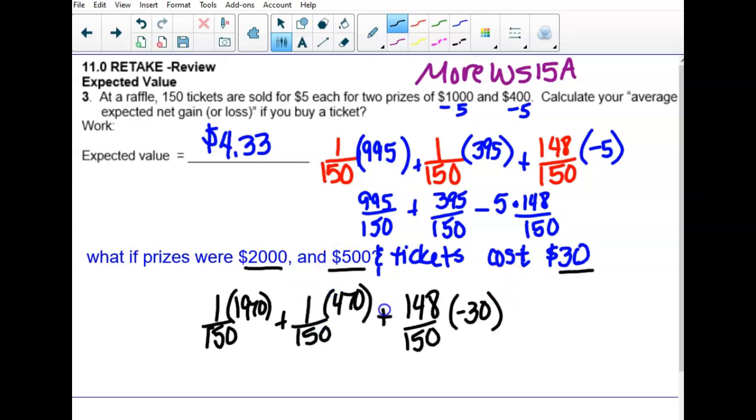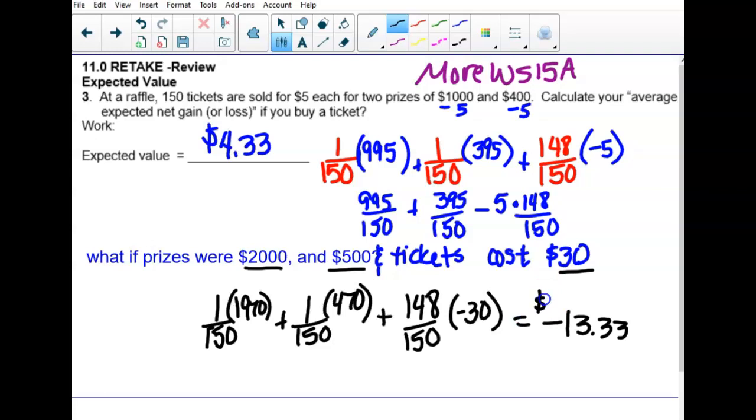Okay, can someone try that and see? 1970 divided by 150 plus 470 divided by 150, minus 30 times 148 divided by 150. Yeah, this time I got the expected value is negative $13.33. Okay, so on average, people are going to lose $13 when they try to win that 2,000.